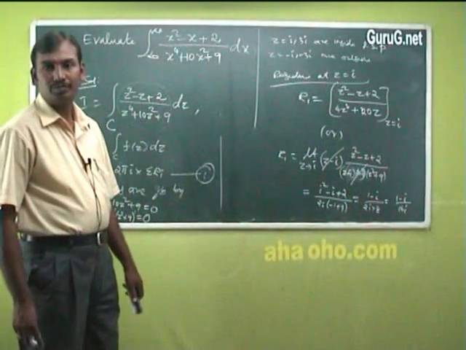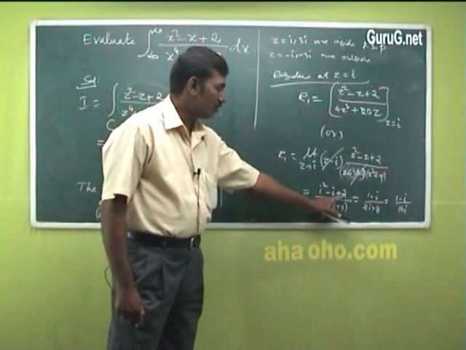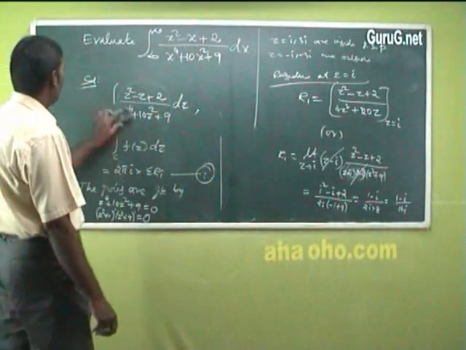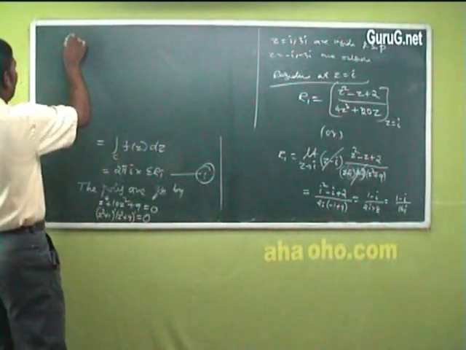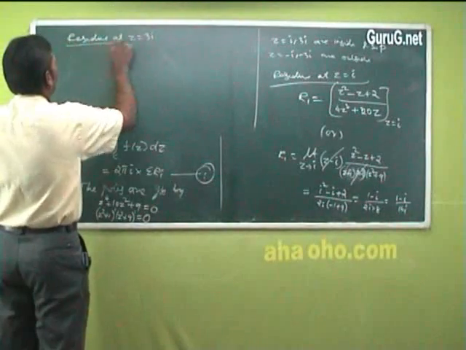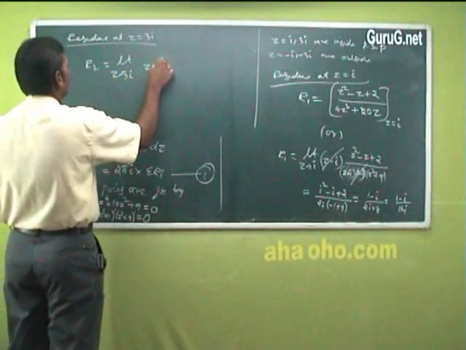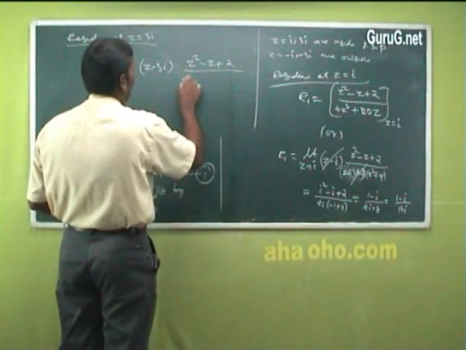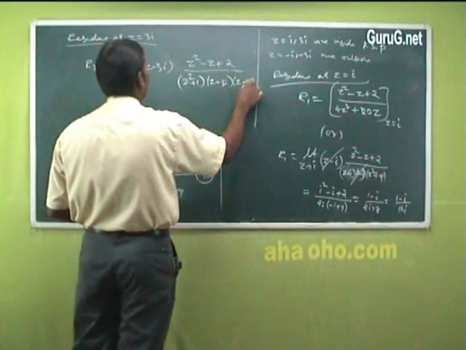Is it right? Let me check. I squared is only minus 1: minus 1 plus 2 gives plus 1. So 1 minus I by 16i. Right? Now the residue at the next point, the residue at z equals 3i. This is also a simple pole. So limit z tends to 3i of z minus 3i into z squared minus z plus 2 by z squared plus 1 into z plus 3i into z minus 3i.